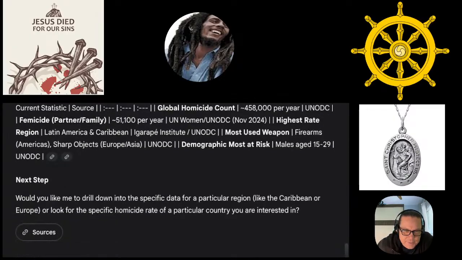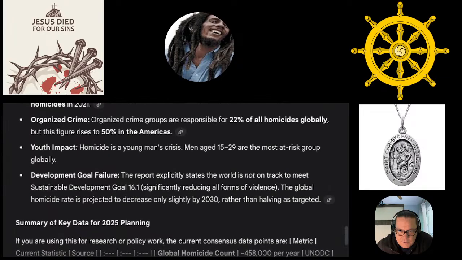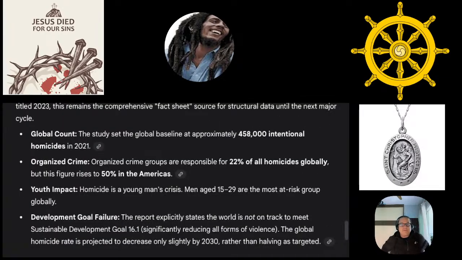The next step, would you like me to drill down into specific data for a particular region like the Caribbean or Europe, or look at the specific homicide rate of a particular country you're interested in? No, I do not. I think I've read enough to understand that these reports are so broadly open to interpretation that the true numbers are not even close to being known.